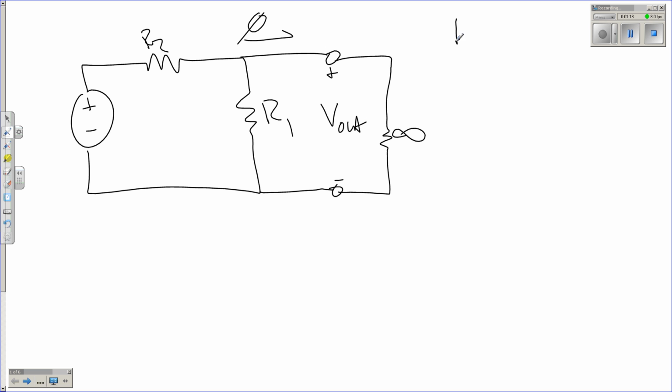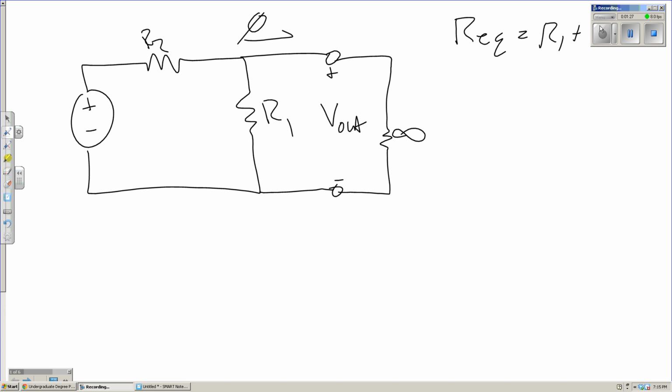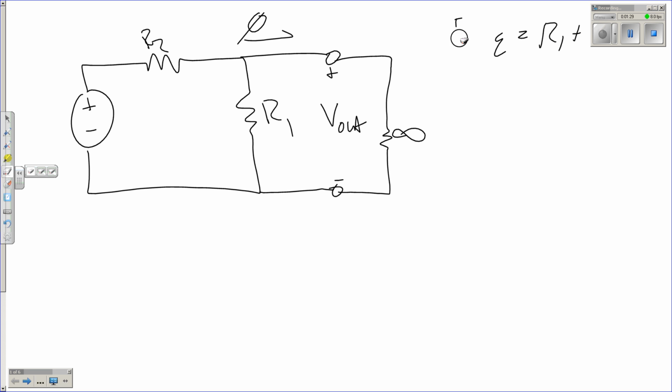So I know first from last video that my equivalent resistance is just R1 plus, getting in the way of my recorder here, let me drop that down, Req equals R1 plus R2. Okay, got that. How about the current coming out of it?